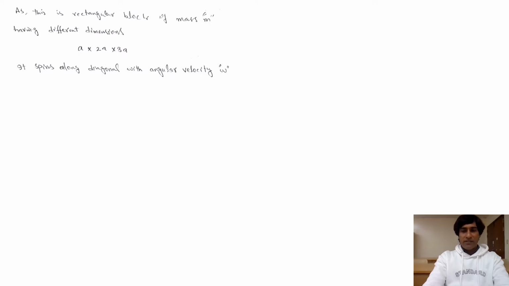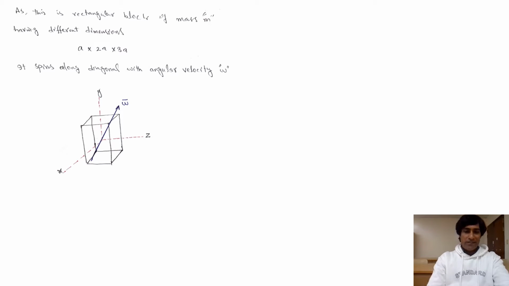As mentioned in the statement, this is a rectangular block of mass m with different dimensions, a by 2a by 3a, and it spins along the diagonal with angular velocity omega. You can refer to this diagram.